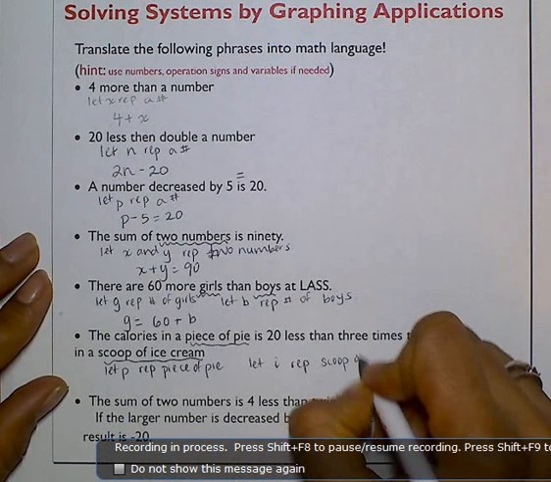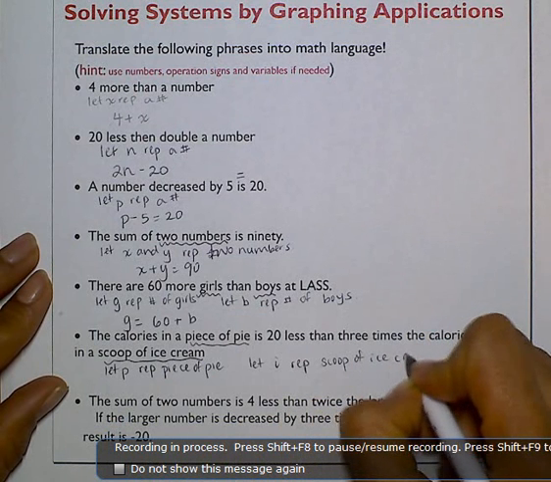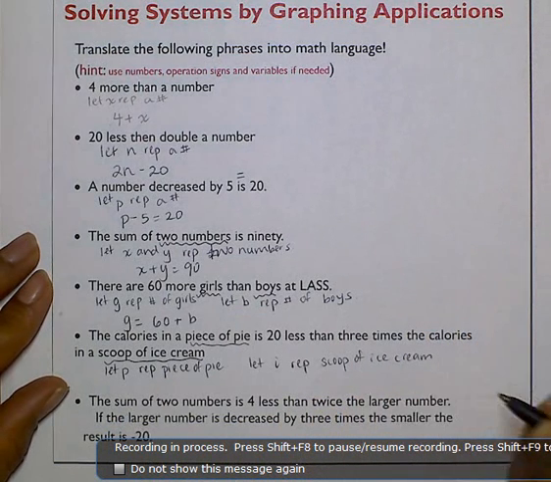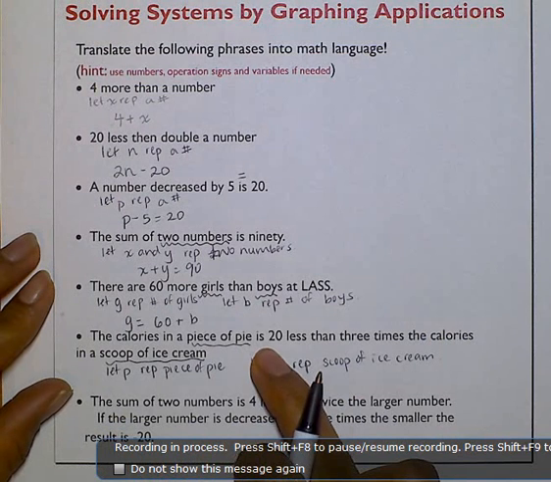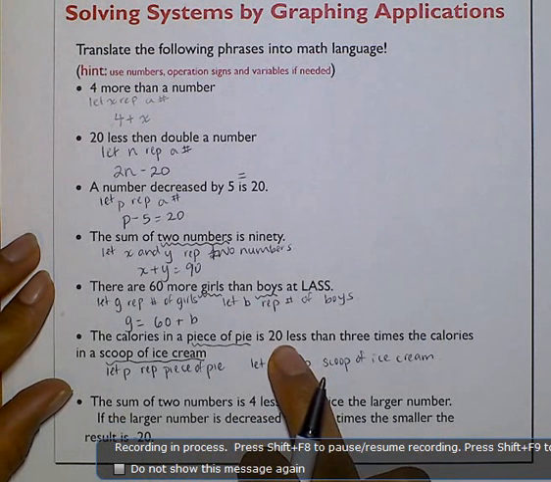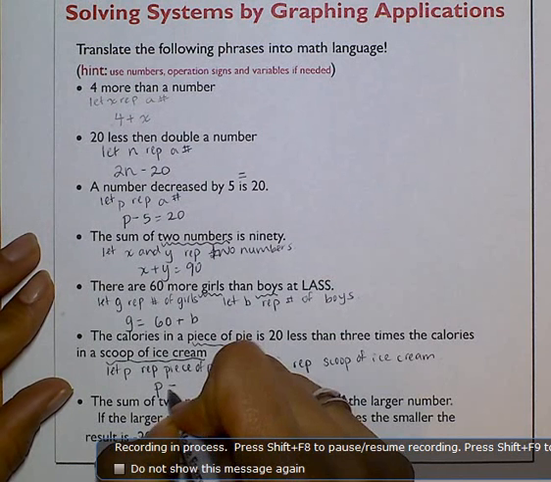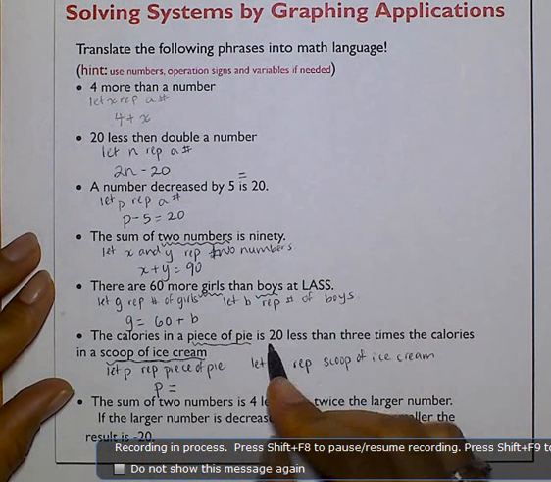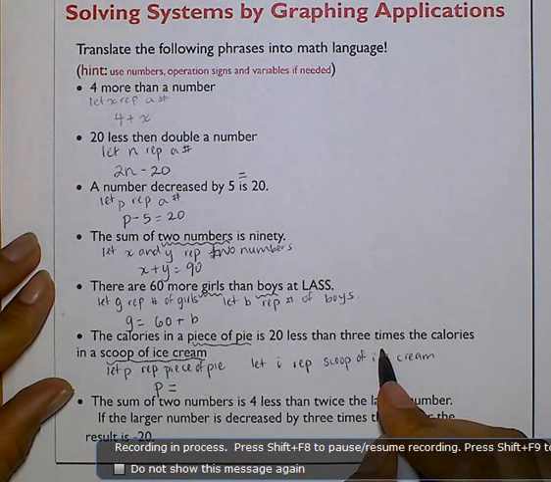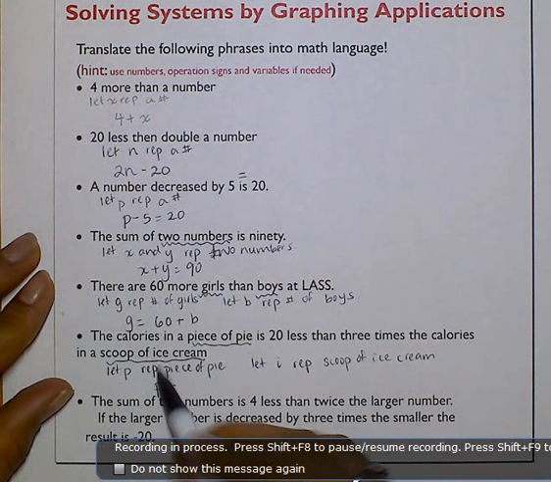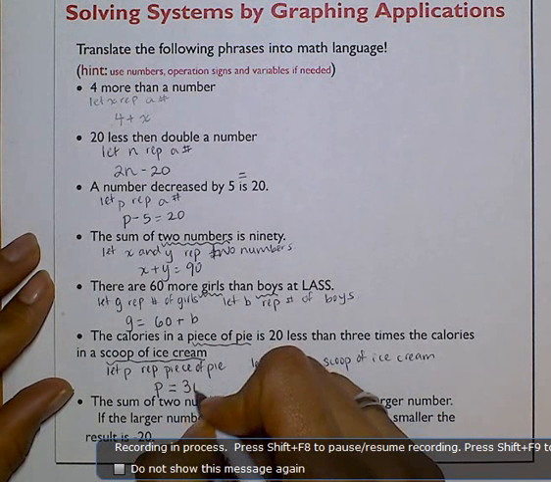So the calories in a piece of pie is equal to 20 less than 3 times the calories in a scoop of ice cream. So whatever 3 times the calories in a scoop of ice cream minus the 20 is basically how many calories there are in a piece of pie.